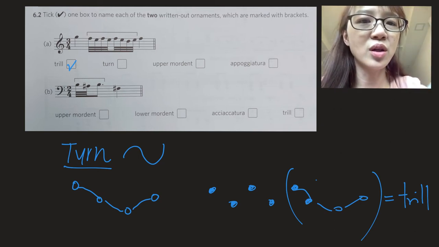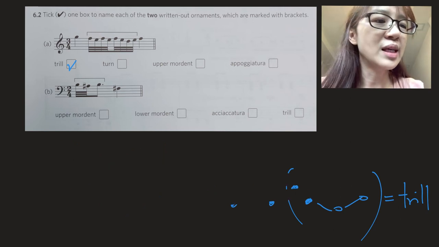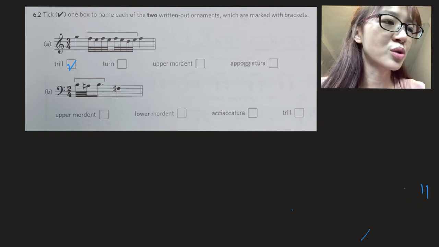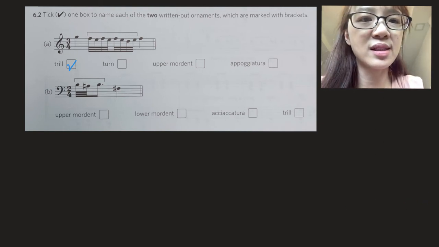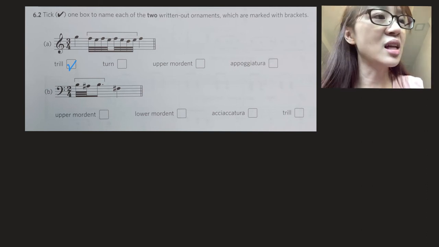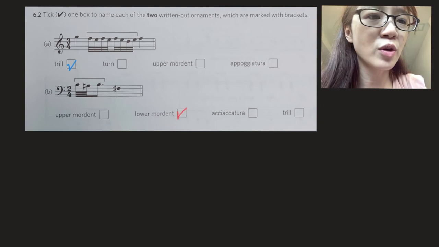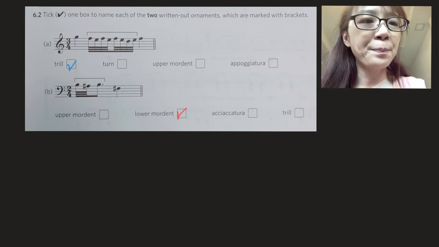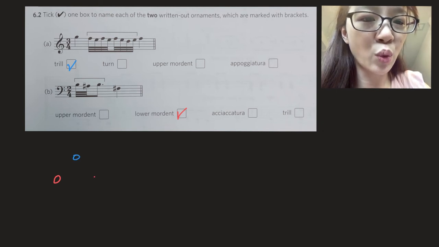Next one, question B. Da-di-dum has 3 notes. It's going downwards. Yes, da-di-dum. It's the lower mordent. It's pretty straightforward. For an upper mordent, it will be this with the higher note and then the lower note.